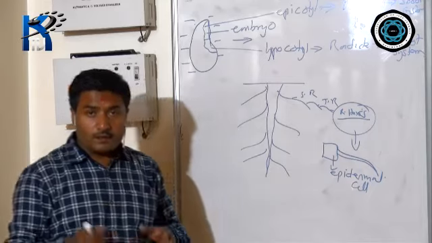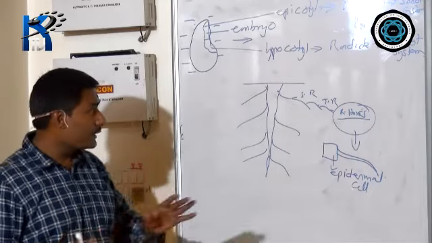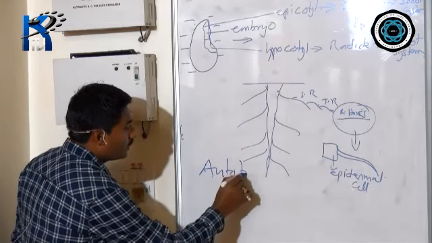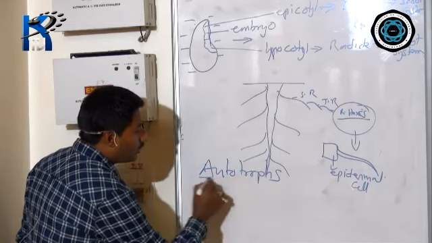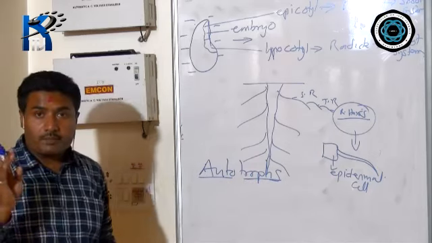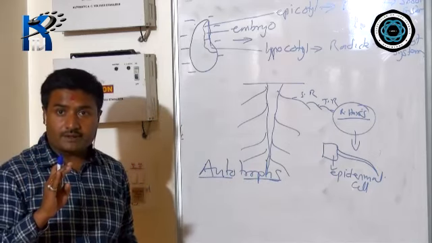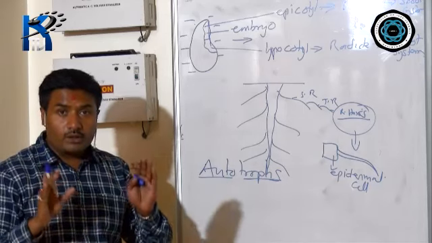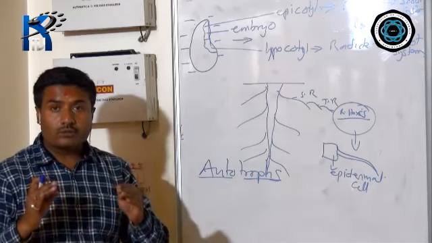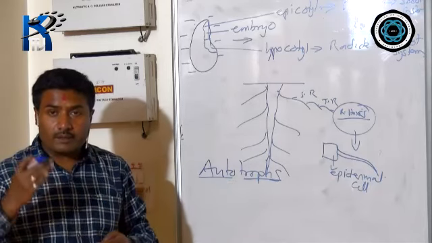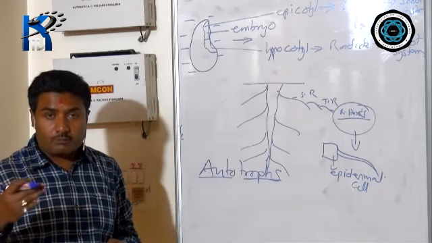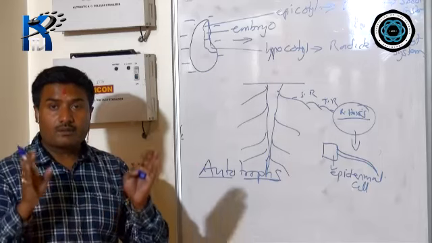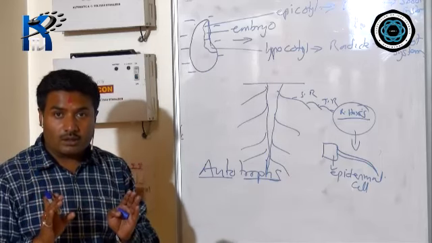You know that the producers in this world are autotrophs. Autotrophs are the organisms that can prepare their food by themselves. When the plant prepares food by the process of photosynthesis, there is a necessity of certain minerals and water.